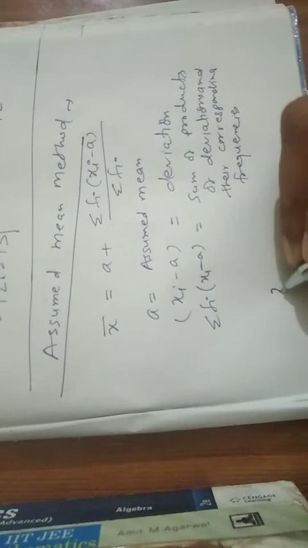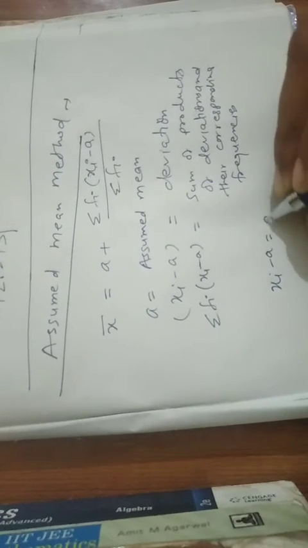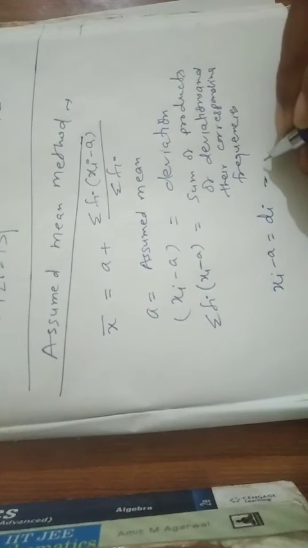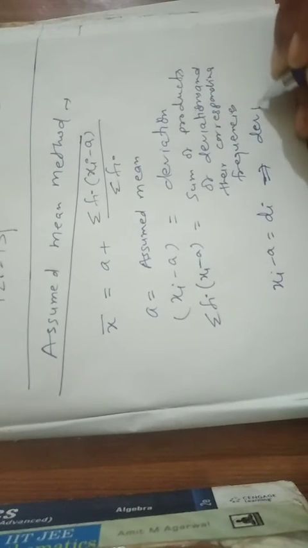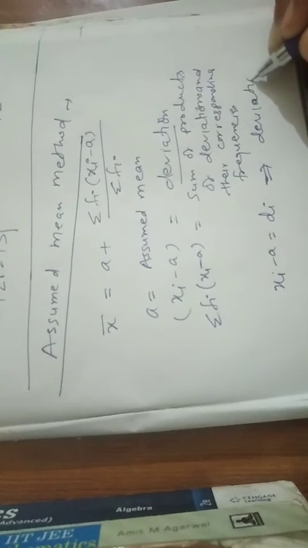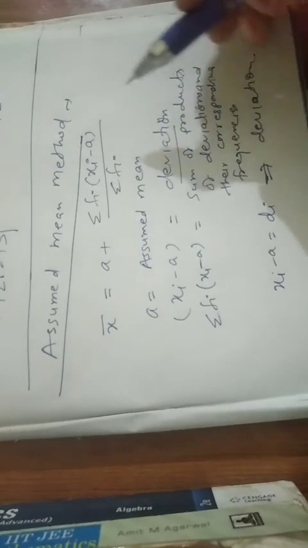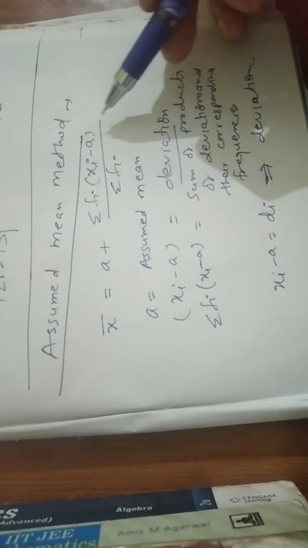And here we write xi minus a as equal to di also, and this is the deviation. So this is the formula for the assumed mean method to find the arithmetic mean.